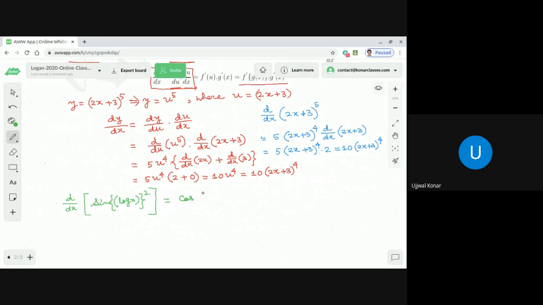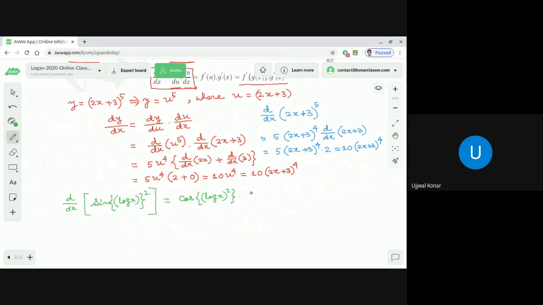So first, it will be cos of whatever is there inside. What is there inside? Log x. Okay. Cos of (log x) power 2, isn't it? That will be correct or not? Yes.